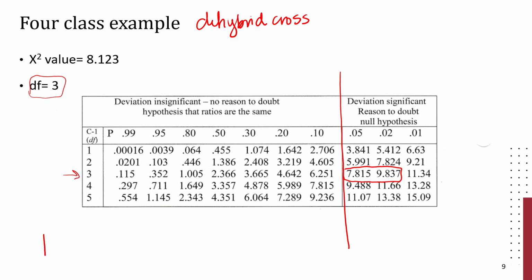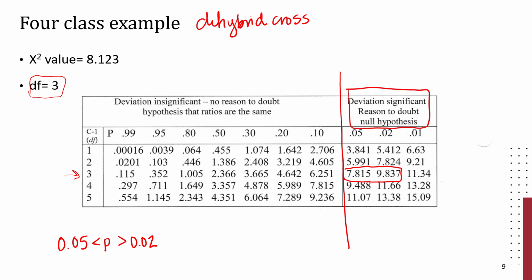So we're going to say our p-value is between, let me write it correctly. Our p-value falls between 0.05 and 0.02. When our p-value falls on the right side, our deviation is significant.